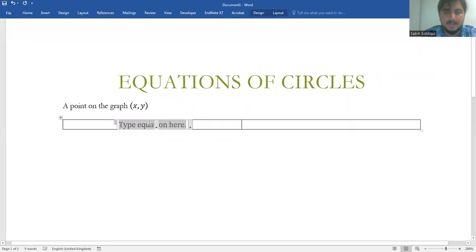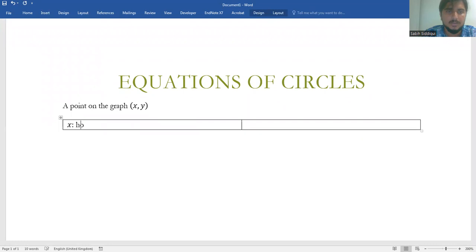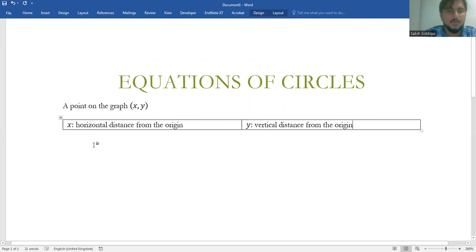X technically means the horizontal distance from the origin, and y technically means the vertical distance from the origin.